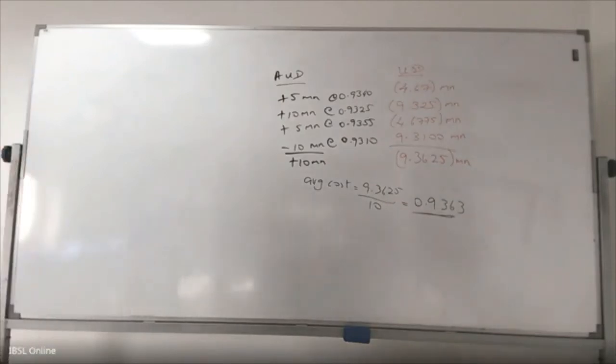Okay, so the next question is, if the market closes at 93.89, will you make a profit or a loss? The market closes at 93.89. Are you going to make a profit or a loss?